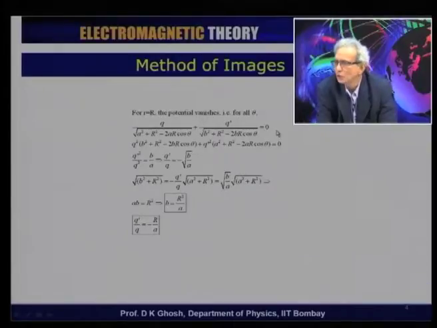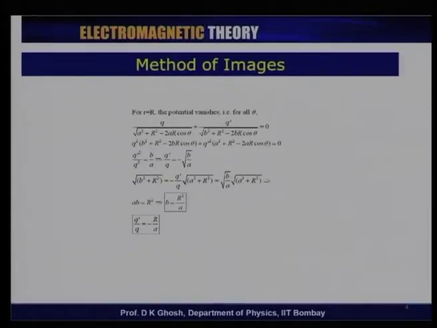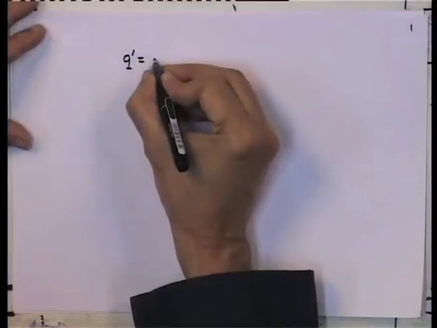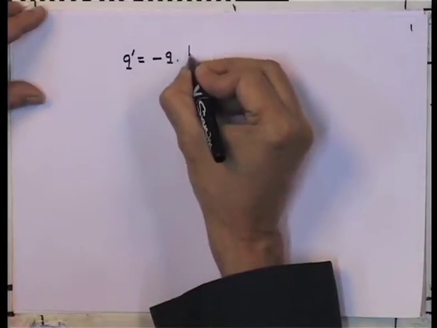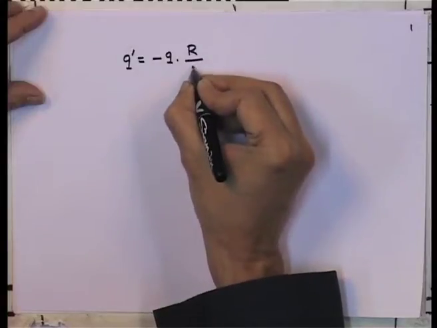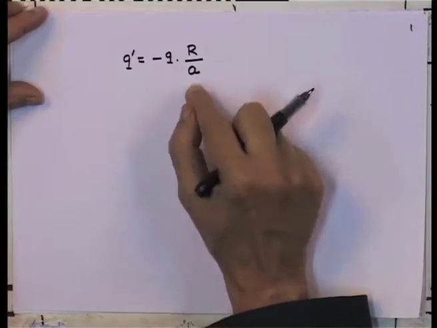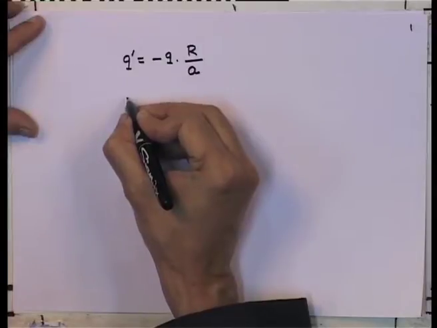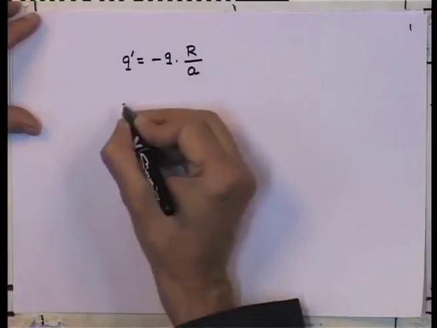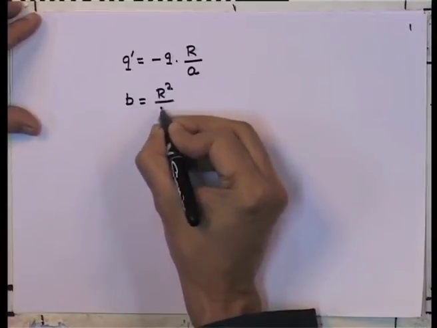Having done that, we could see that the image charge q prime must be equal to minus, that is, it has an opposite sign, q times the radius of the sphere divided by a, where a is the object distance. And the distance b is given by R square divided by a.